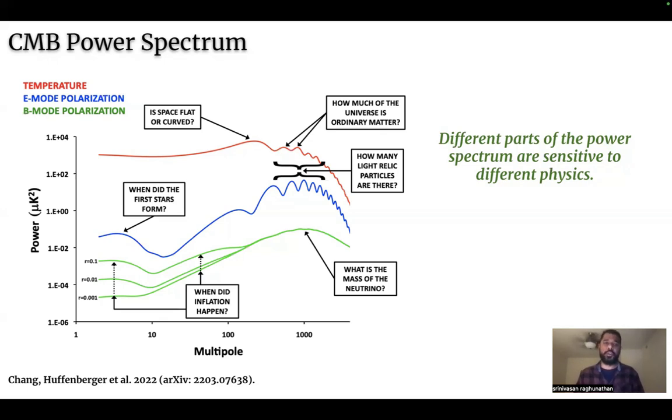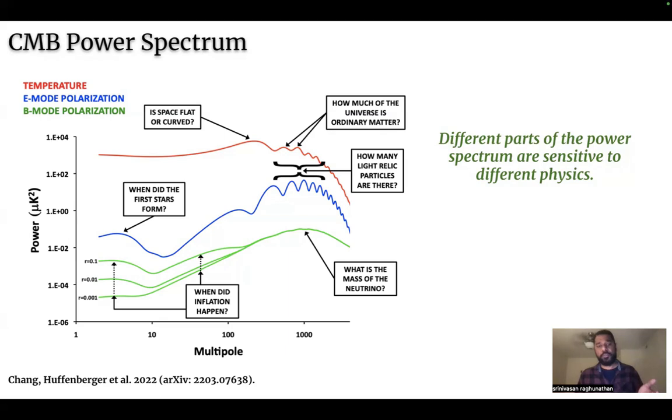The 3 colors are for 3 different power spectra. Red is for temperature, blue is for E mode polarization, and green is for B mode polarization. The horizontal axis on this plot is the multipole, which is the inverse of the angular scale. So if you're looking at the right side of the plot, you're looking at very small angular scales, and if you're looking at the left side, you're looking at very large angular scales on the sky. And the vertical axis is the power. It's also the variance in the map.